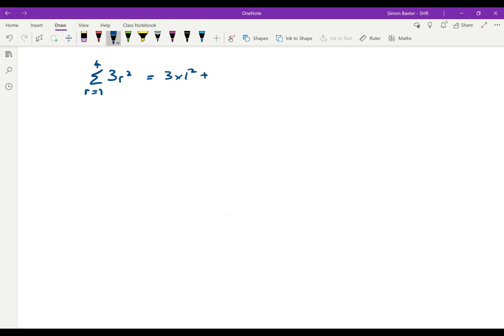Put r equal to 2, I get 3 times 2 squared, plus. Put r equal to 3, I get 3 times 3 squared. And put r equal to 4, I get 3 times 4 squared. Now, writing it like that, you can see that the sigma really behaves as a very large bracket.